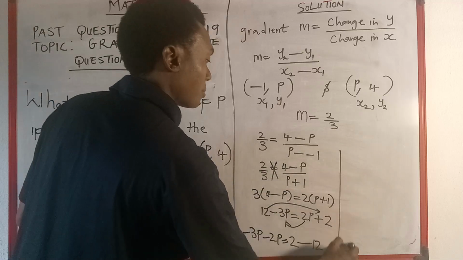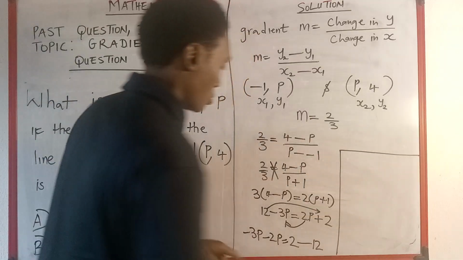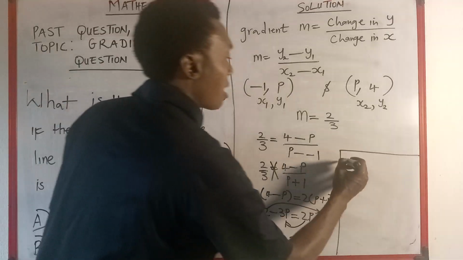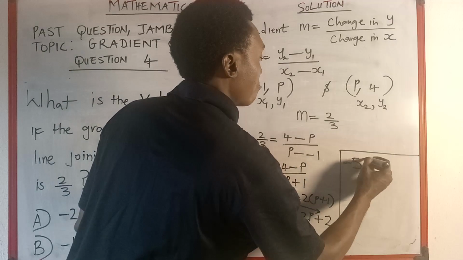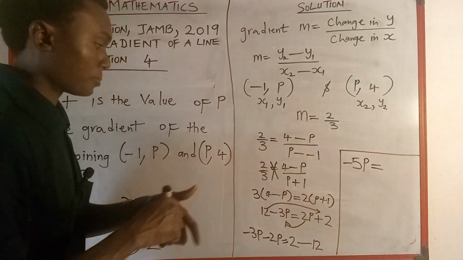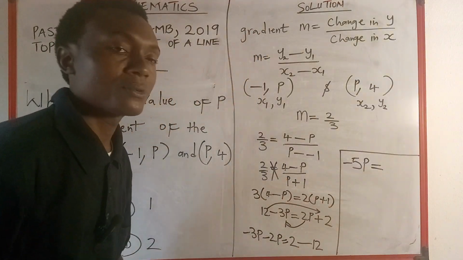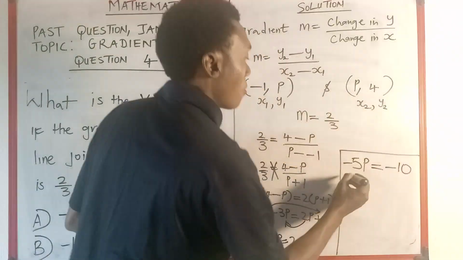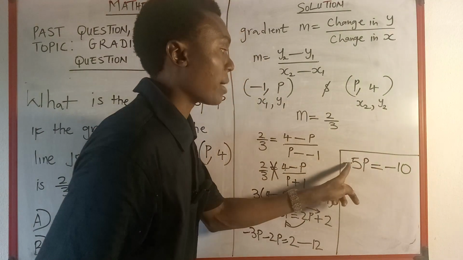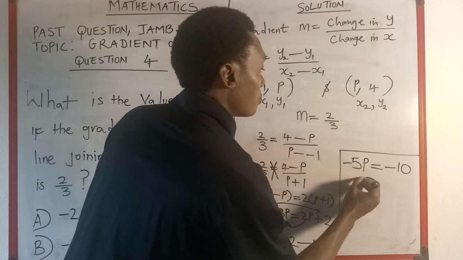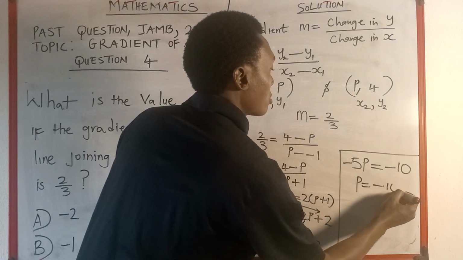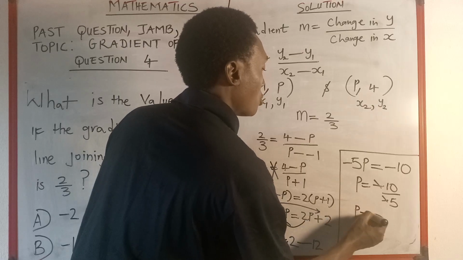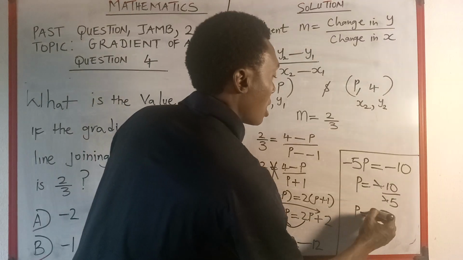So minus 3P minus 2P, you have minus 5P is equal to 2 minus 12, you have minus 10. So what do we do? Divide both sides by minus 5, because we are looking for P. So P is equal to minus 10 divided by minus 5. Cancel, cancel. P is equal to 10 divided by 5, you have 2.